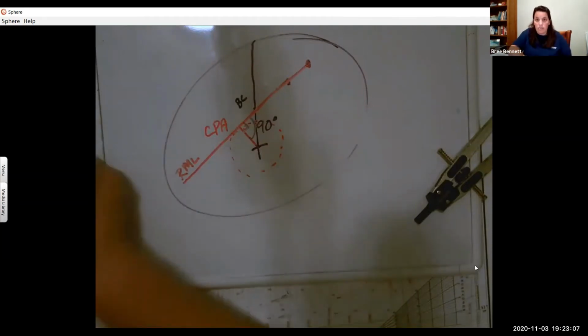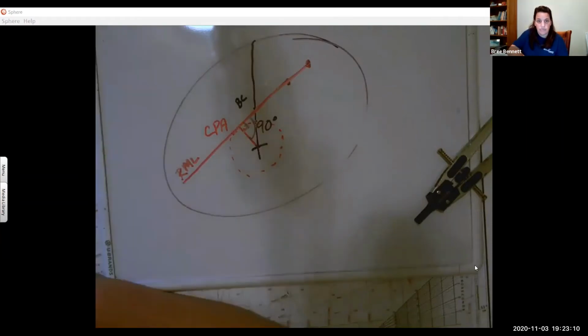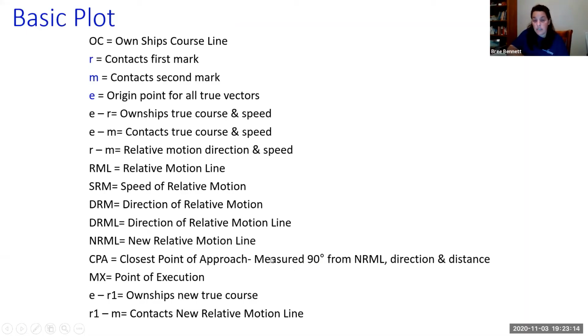Okay, so let me go back. We're going to measure 90 degrees from our relative motion line is where our CPA is. And we're going to get the direction and the distance. So we're basically getting the bearing and the range of where that CPA is going to be. How close is it going to be, and what bearing will it be?